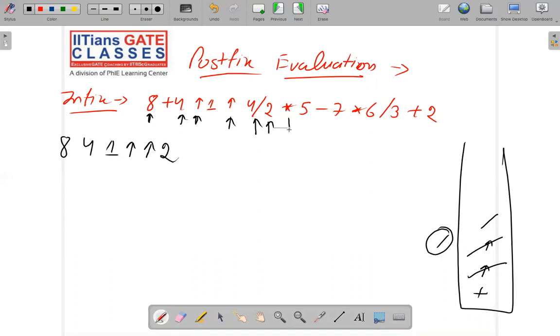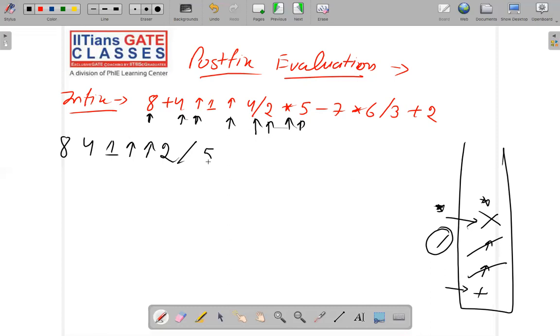We are on 2, then star comes up. Now one star is there, and we are comparing it with the top of the stack, which is divide here, and this is left associative. So we have to pop it, and we push the star because the top of the stack was plus, and plus is low priority compared to star.